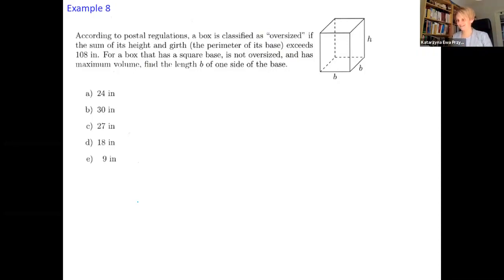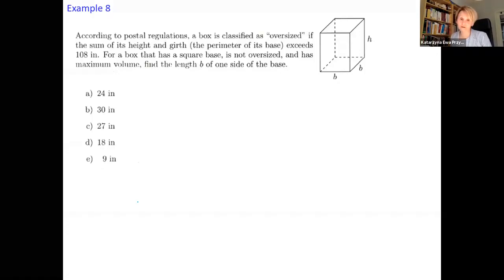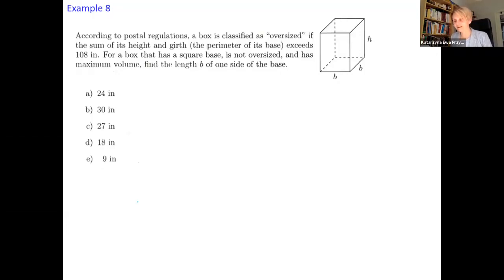Okay, let's see this. According to the postal regulation, a box is classified as oversized if the sum of its height and girth, the perimeter of its base, and the height exceed 108 inches. Okay, 108 inches is the maximum. We cannot exceed 108.